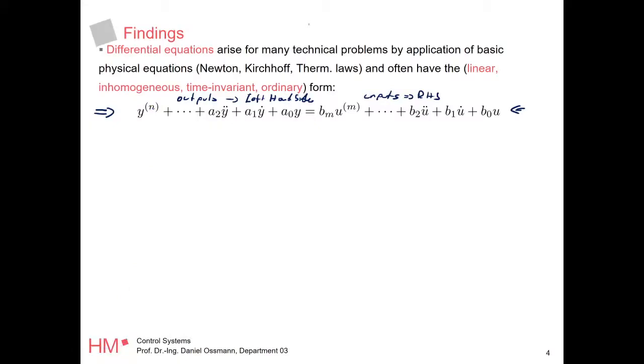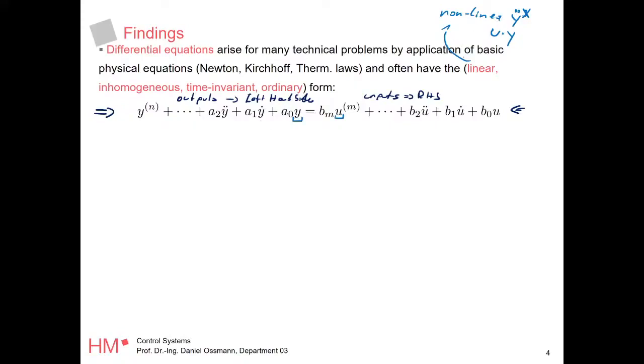A nonlinear one would, for example, have y2 dot to the power of 3, right? We only have first powers here, it's always to the power of 1. And this makes our equation linear. Same goes for u. And obviously also u times y would be nonlinear. We don't care about those, we only have linear versions of it. So you will always have separated u and y and derivatives of it.